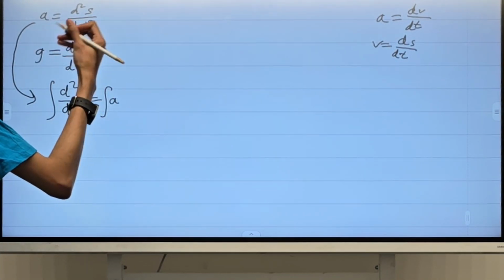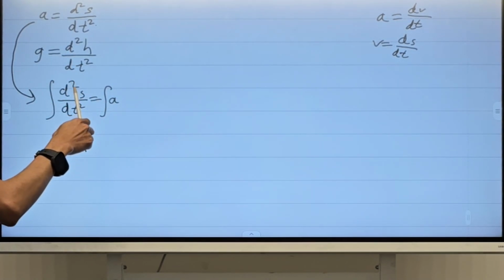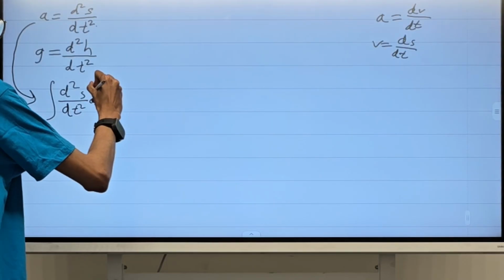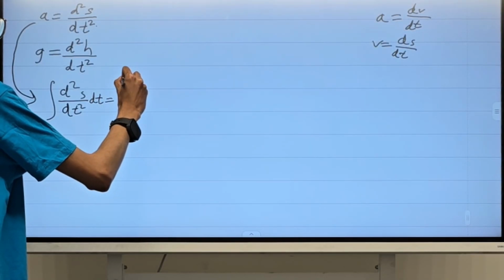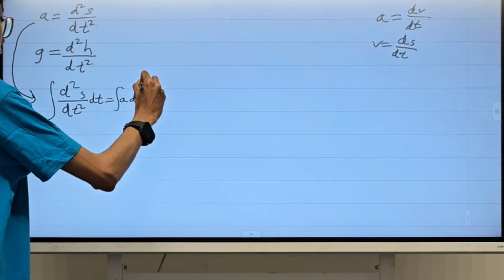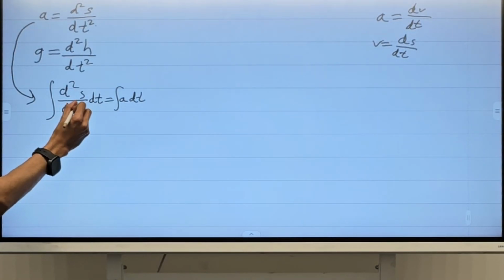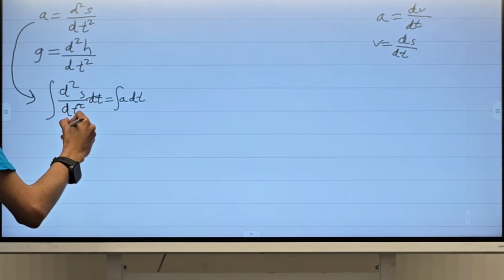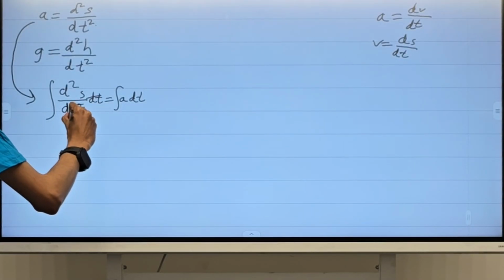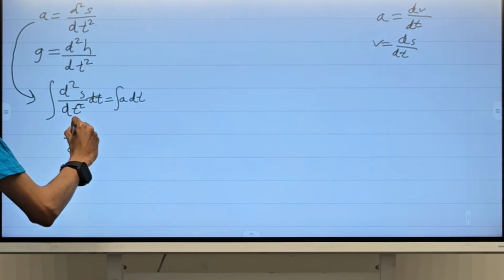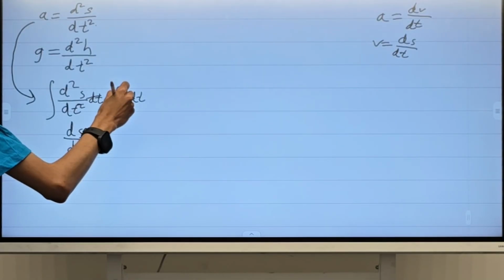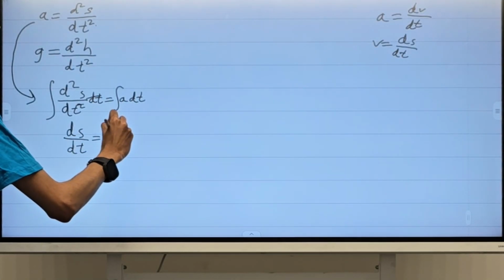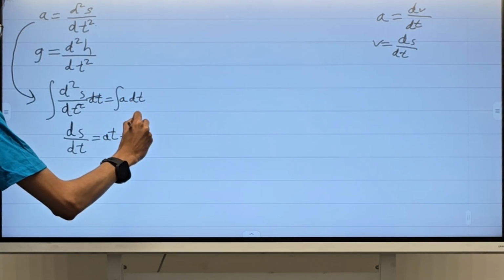I'm going to integrate with respect to t, of course. dt equals the integral of a dt, and these are going to cancel out. This square is going to cancel out. So we're going to be left with ds over dt is equal to the integral of a dt, that is just at. And of course, don't forget the integration constant plus c.